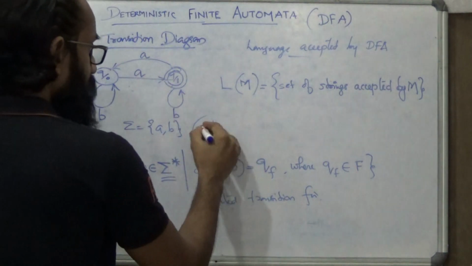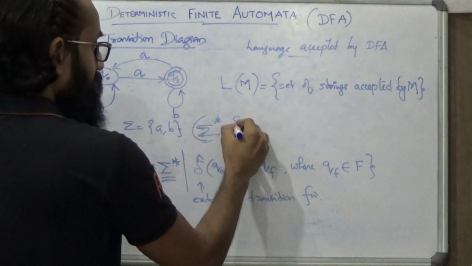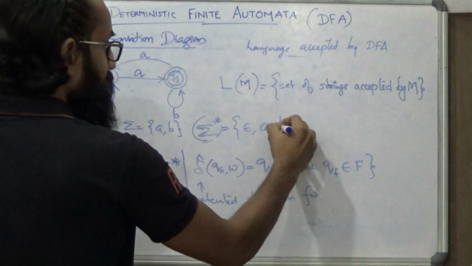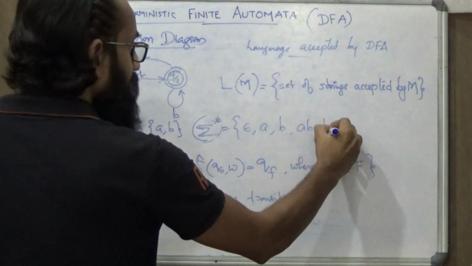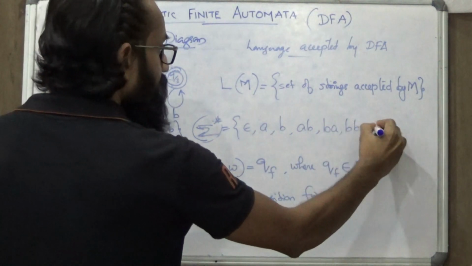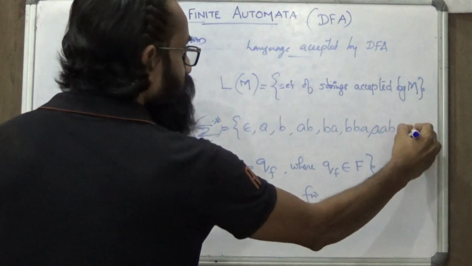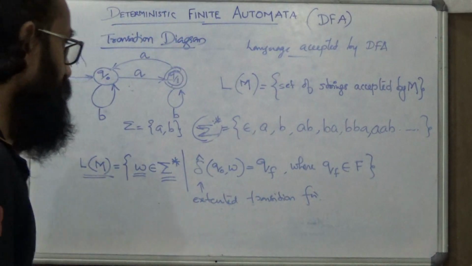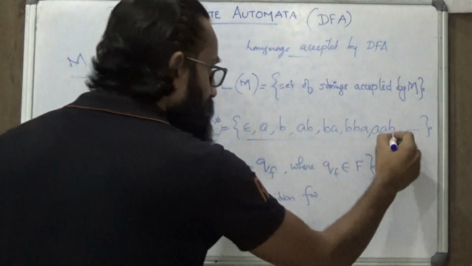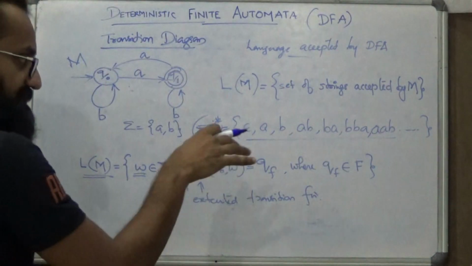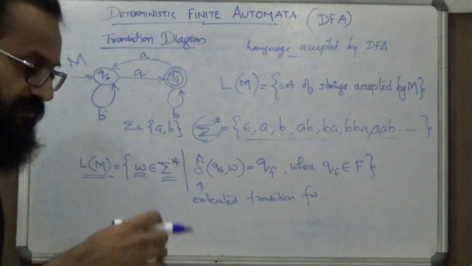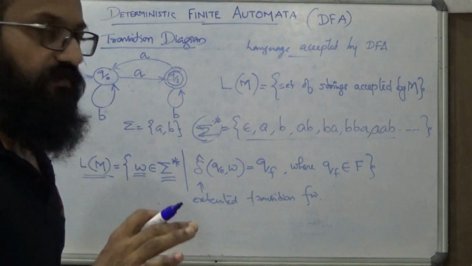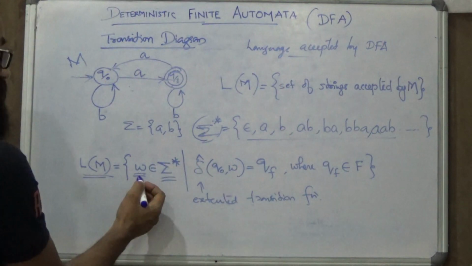If I take sigma Kleene closure in this context, it contains epsilon, A, B, AB, BA, BBA, AAB, and so on. All strings generated using A's and B's including the null string. From this set, there will be a subset of strings that contain an odd number of A's. All such strings will belong to L of M.